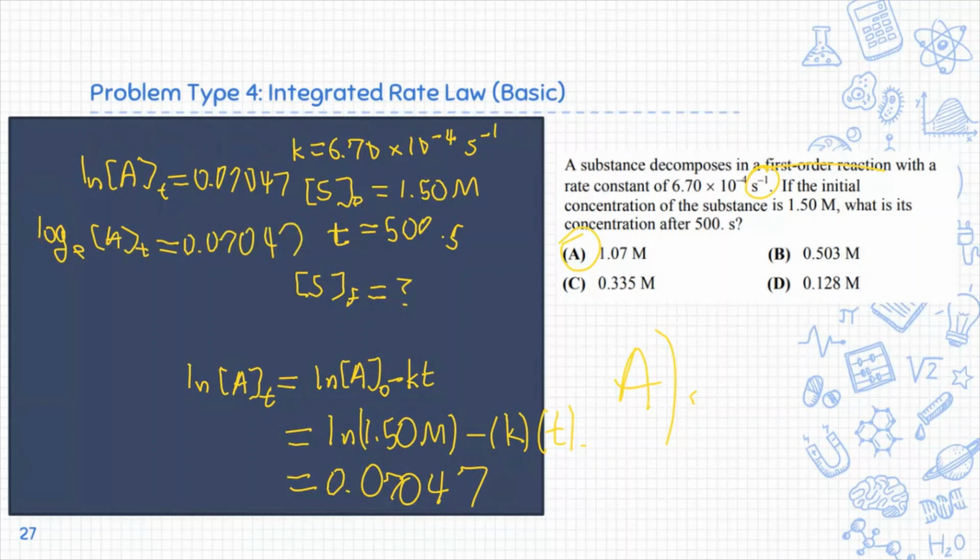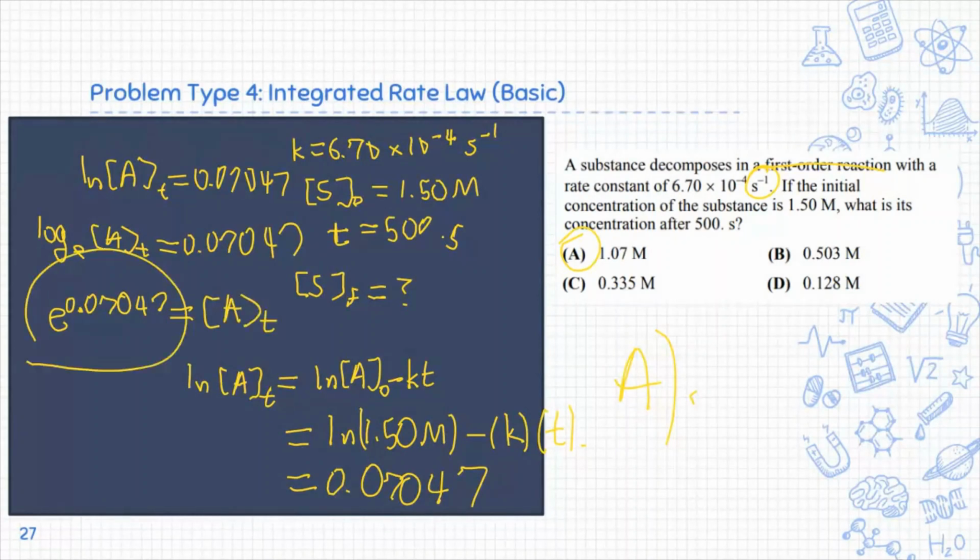So we could express this in terms of e to the 0.07047 power equals the concentration of A at t. So calculate this and then you should get this.